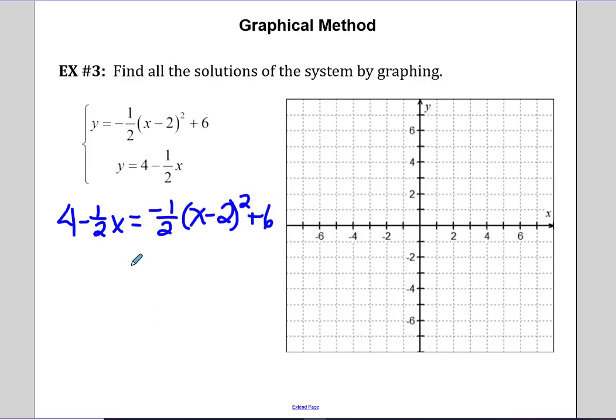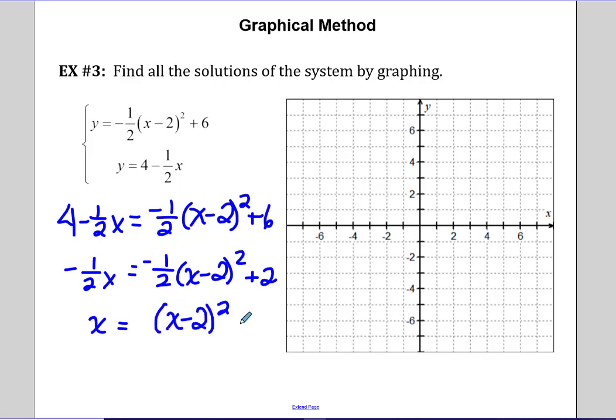On the right-hand side, we could get negative 1/2 x and subtract 4, and then multiply by, how about if we multiply by negative 2? That's going to leave us with x and positive 1 and 4.